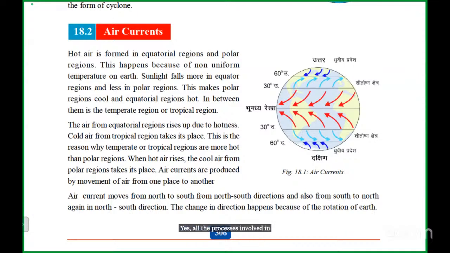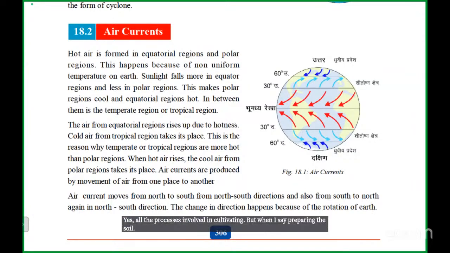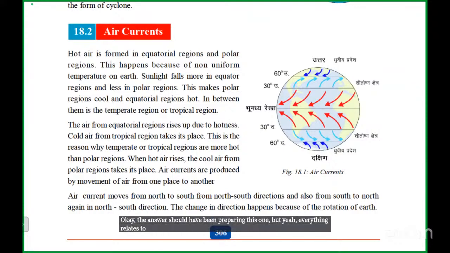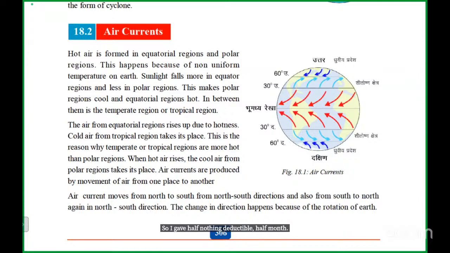But when I say preparing the soil, that is what the answer should have been. Yes, cultivating relates to it, so I gave half mark and deducted half mark. Okay, cultivating is okay, I considered it.